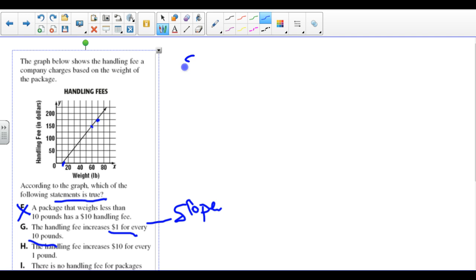So again, remember the slope is the change in y over the change in x. Alright, so the change in the y values, right here, we went from 150 to 175 because this is increasing by 25: 0, 25, 50, 75, 100, 125, 150, and 175.